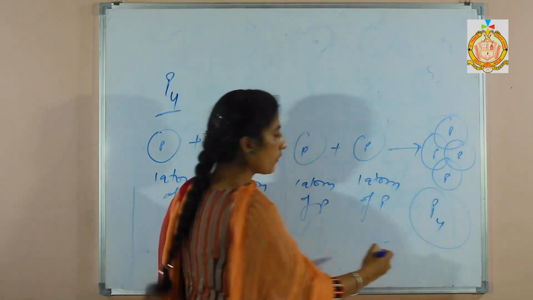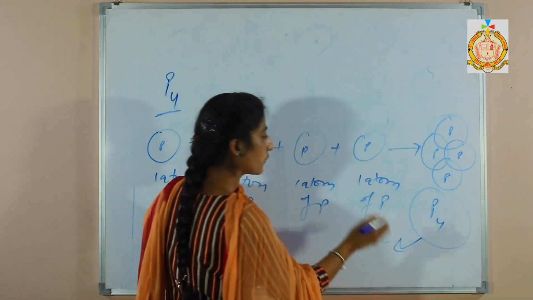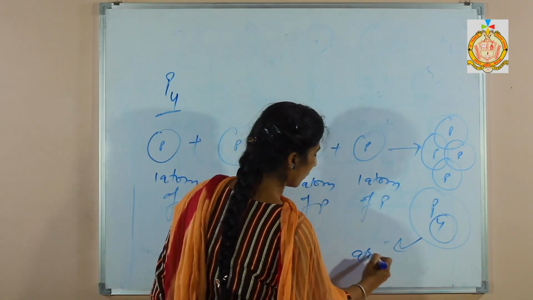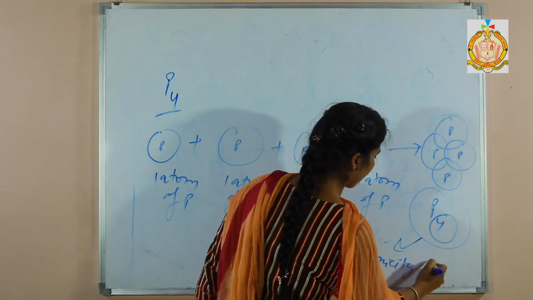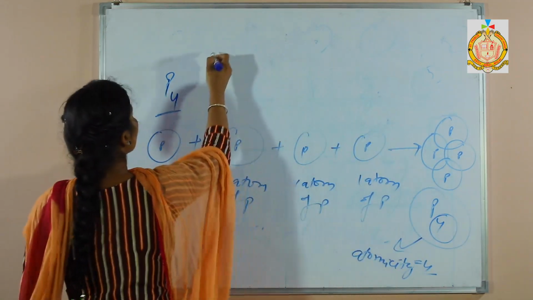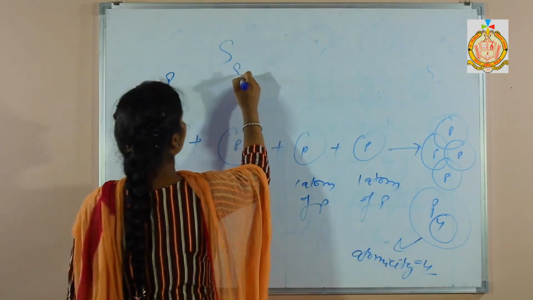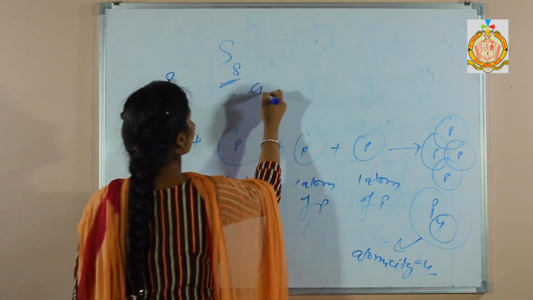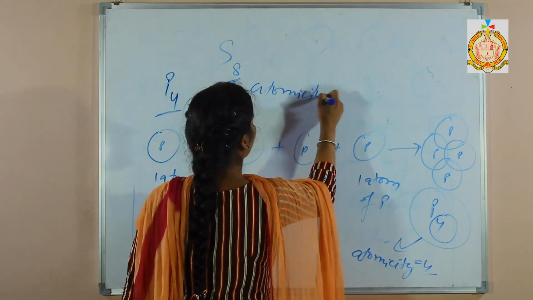So the one molecule of phosphorus has 4 atoms in it, so that's why its atomicity is 4. Similarly, the atomicity of sulfur is 8 because one molecule of sulfur has 8 atoms in it, so its atomicity is 8.